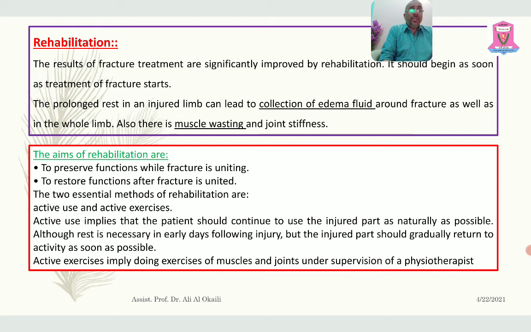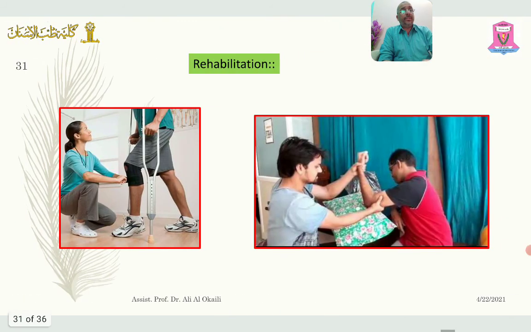Active use implies that the patient should continue to use the injured part as naturally as possible, although rest is necessary in the early days following injury, but the injured part should gradually return to activity as soon as possible. Active exercises imply doing exercises of muscle and joints under supervision of a physiotherapist.